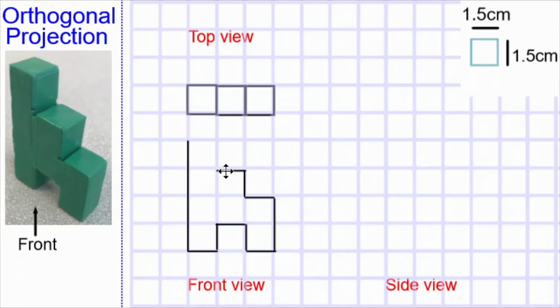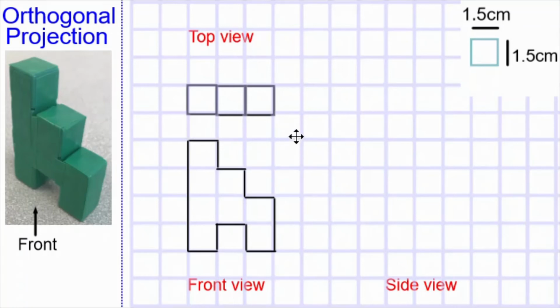We have a bit of a staircase effect. Almost finished with my front view. And thank heavens, because that was long. Tidy it up a little bit. Okay, we have a front view.